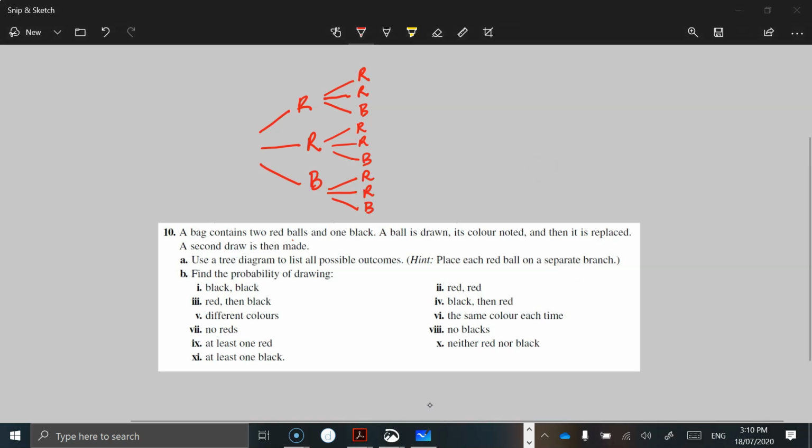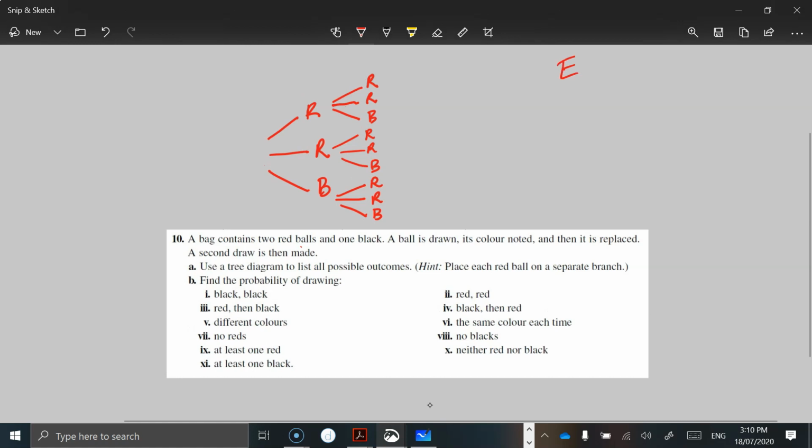So that means, remember, we multiply the total outcomes. So event 1 is 3, and because we're going to take a second ball out, we also have another 3 chances.